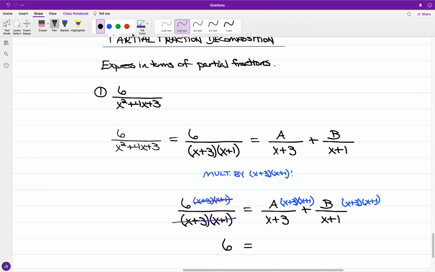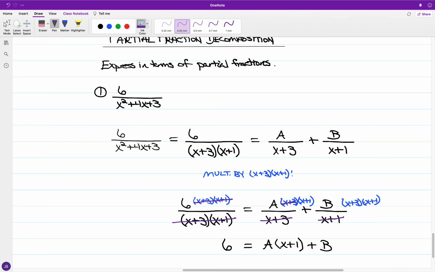Now to the right, notice you have a over x plus 3, so the x plus 3's will cancel, but you have the x plus 1 factor remaining. So we'll have the distribution of a times x plus 1. Now in the case of b, there's a bit of a role reversal.